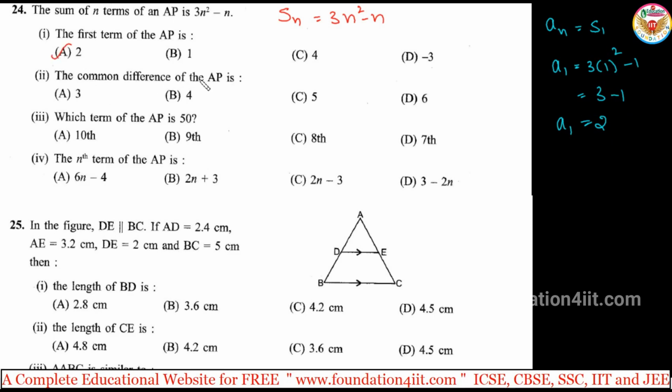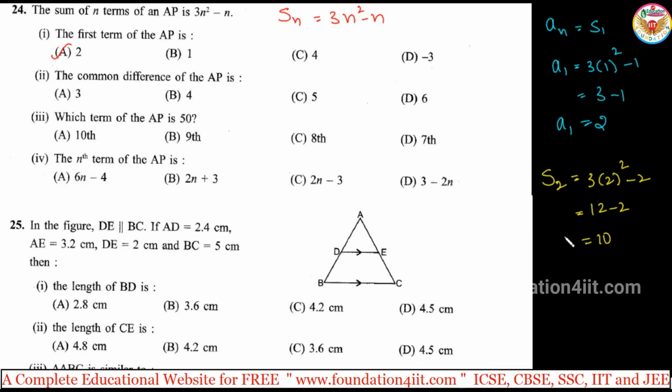Yes. And the common difference of the AP. If you want the common difference, we must know the first and second terms also. First we will find out the sum of the two terms, first and second term together, that is S2. So 3 into 2 square minus 2. 2 square is 4, 4 into 3 is 12, minus 2, 10. So first term plus second term together is 10. But the first one is already 2.